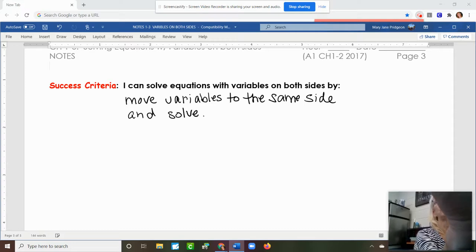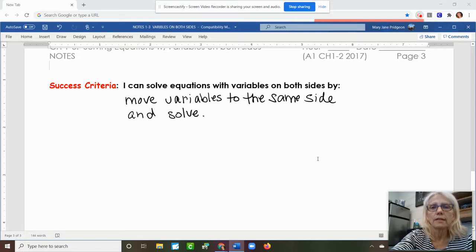Okay, we'll just do a little shorthand there. So solving is something most of us are pretty good at. Adding a variable on the extra side so that we've got a variable on both sides is a new thing.